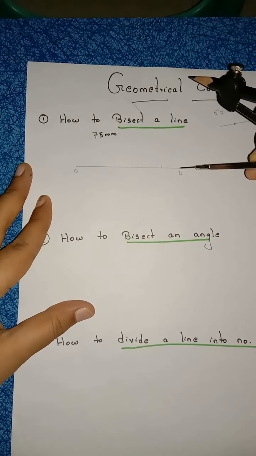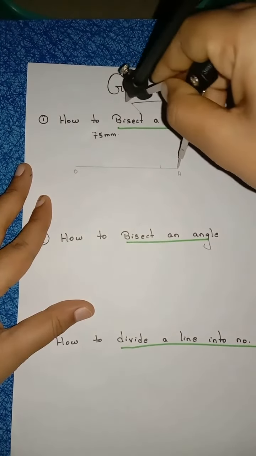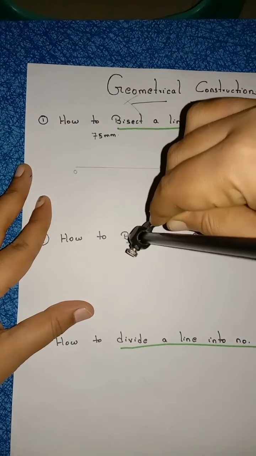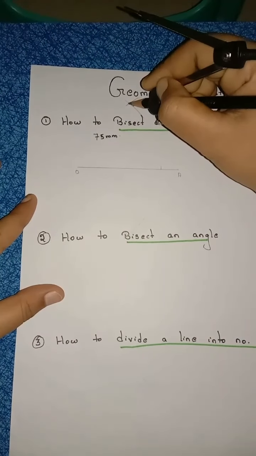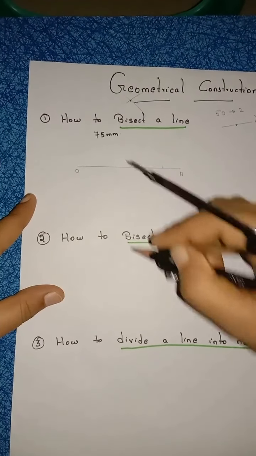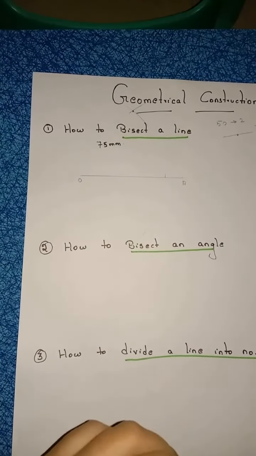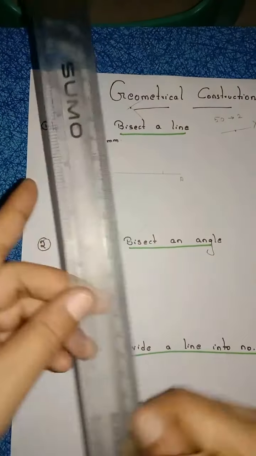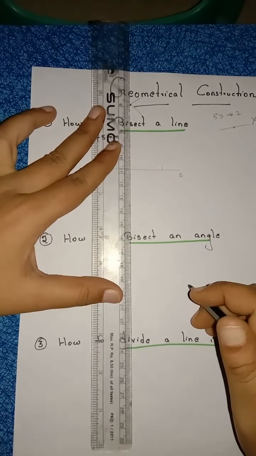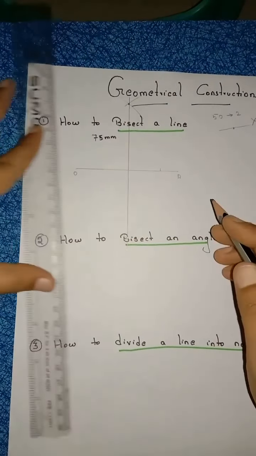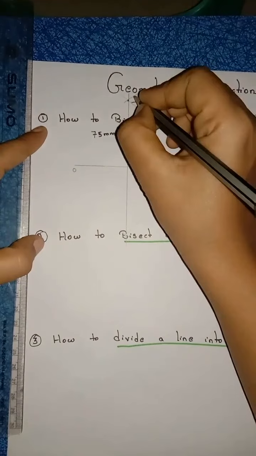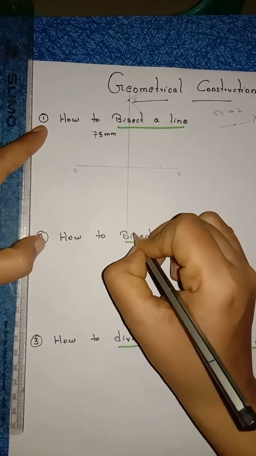With the same radius, keep your compass at point A, cut the first arc above and cut the first arc below. Now this is the intersection part and this is the intersection part. Join these two. This is nothing but bisecting a line. Name them C and D.